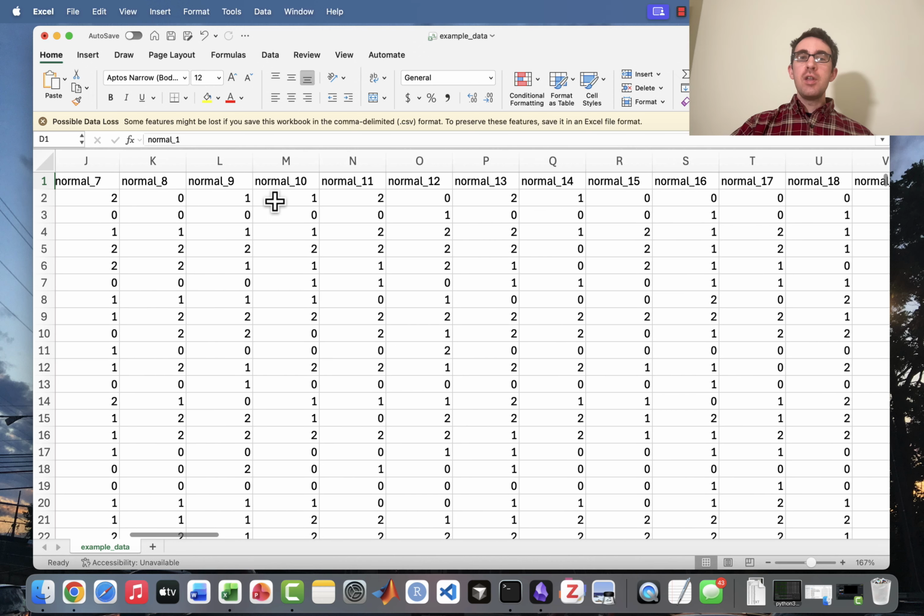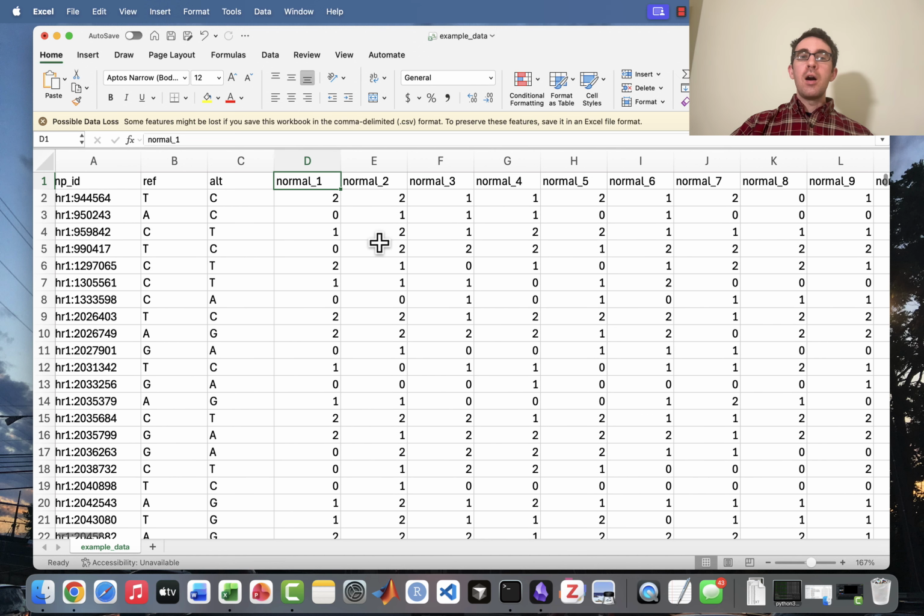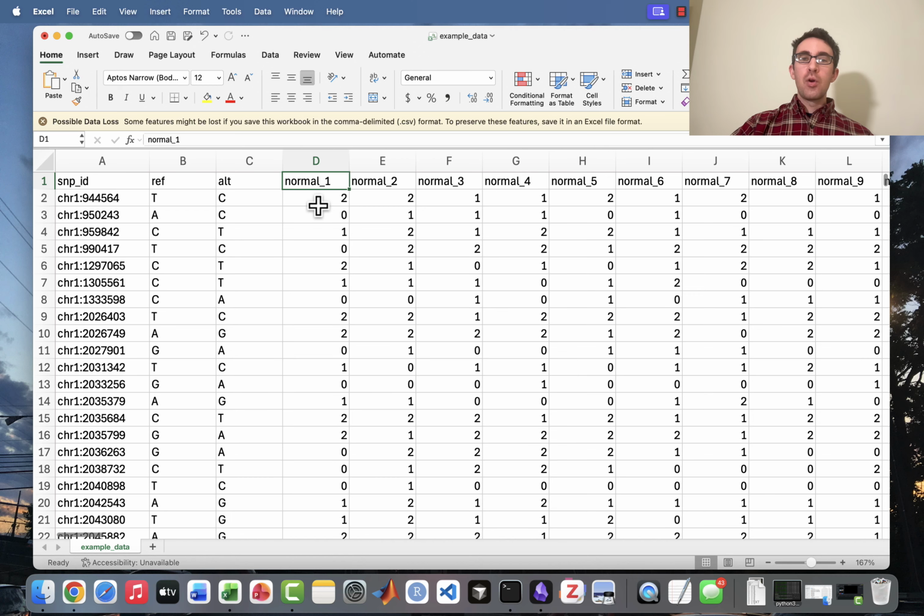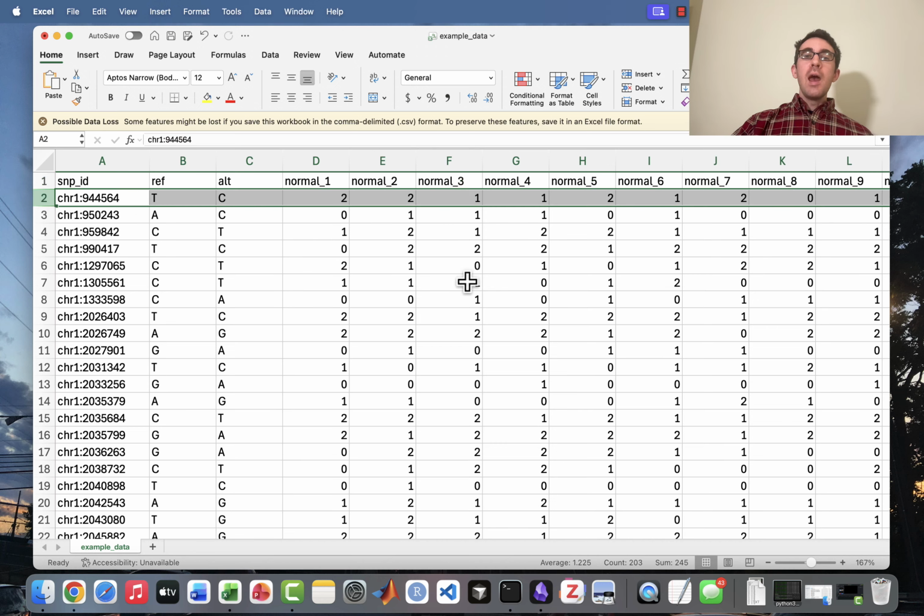And then for each of these 200 people, for each person and each SNP, we have a number, either a 0, 1, or 2. These numbers tell us, for a particular SNP, how many of the 2 copies of this chromosome position they have were the alternate allele.